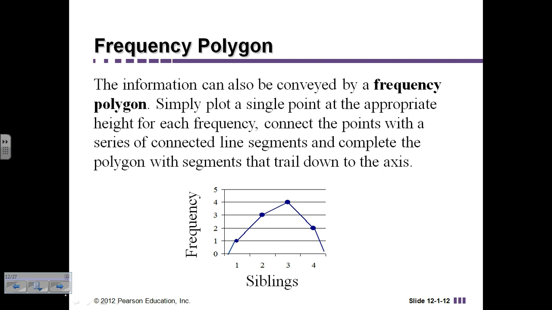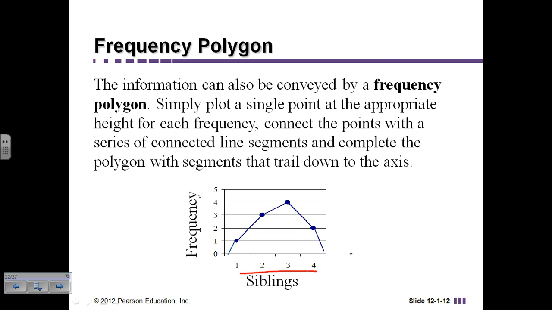Another possibility is what we call a frequency polygon. Also, you could think of this as a line graph. And what we have again here is the number of siblings across the bottom, 1, 2, 3, 4. And you'll notice there's a point with each sibling that represents how many siblings there were, and then you connect that together. So again, these are just different ways.